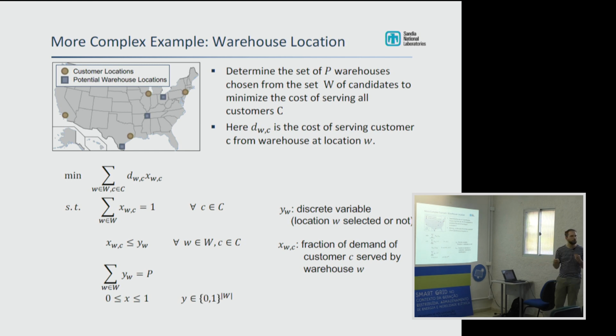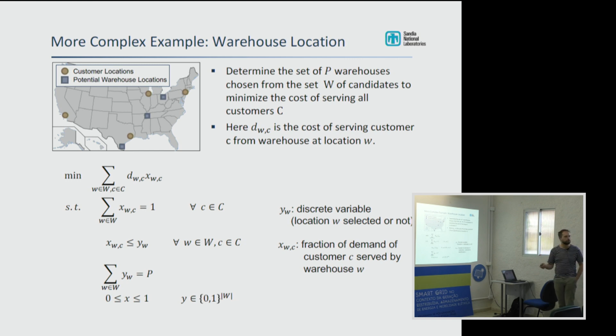Okay? So x is a variable, and it can be between 0 and 1. 1 means that this warehouse will serve only this one. So it would be x_wc equal to 1.